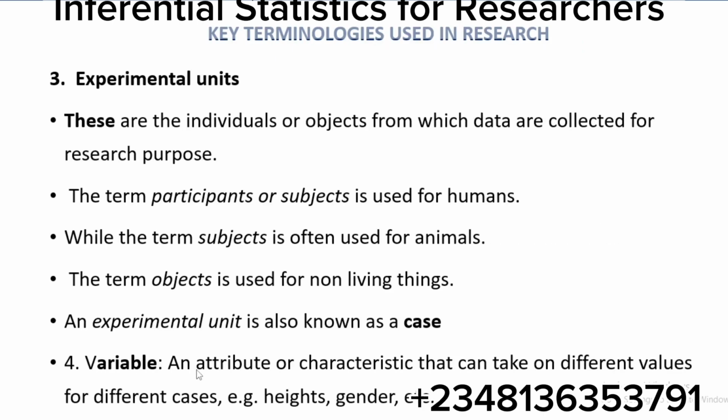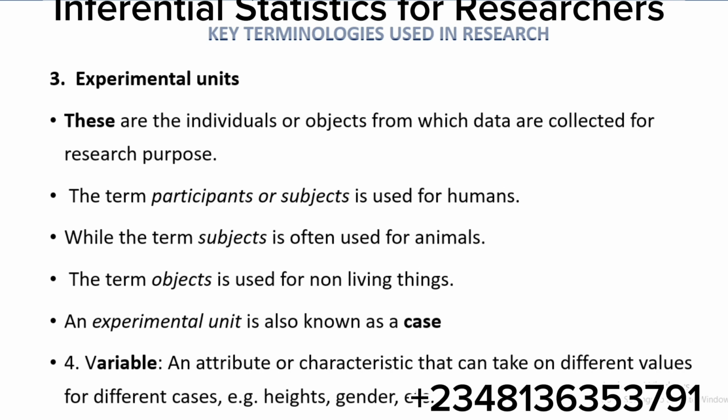Now, for variable. A variable is an attribute or a characteristic that can take on different values for different cases. For example, we have height, we have gender. Height is a variable, gender is a variable. Because this height and gender, they are attributes of cases.